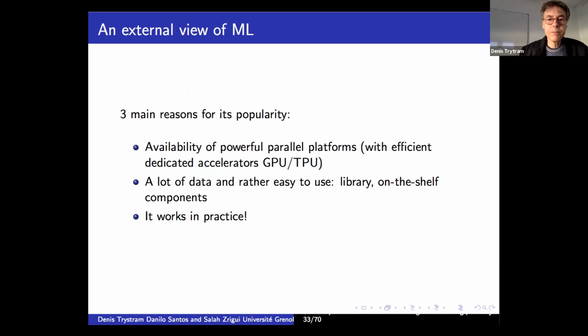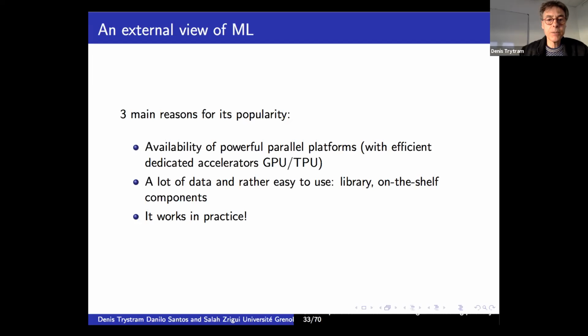So then, why is it so popular? Because now we have very powerful parallel machines that are able to deliver big performances. Usually the machines have some accelerators like GPUs, TPUs.